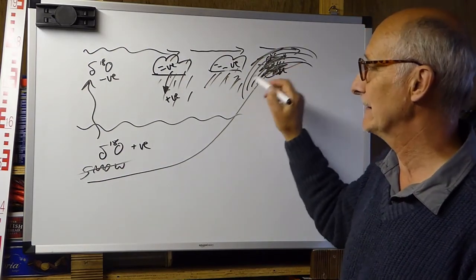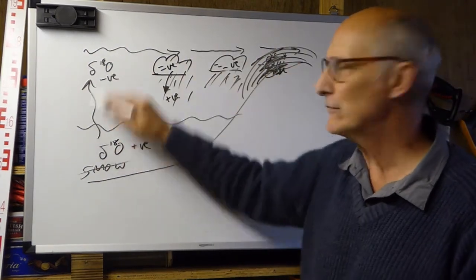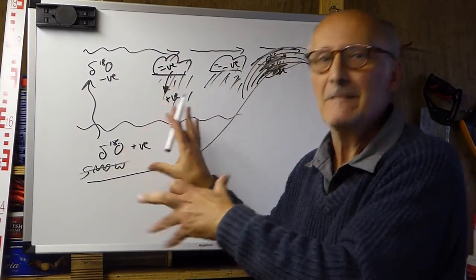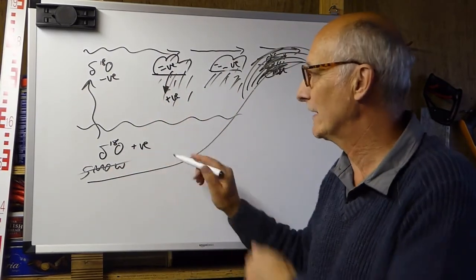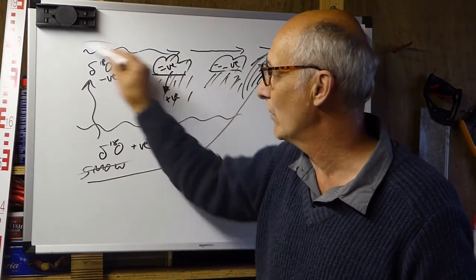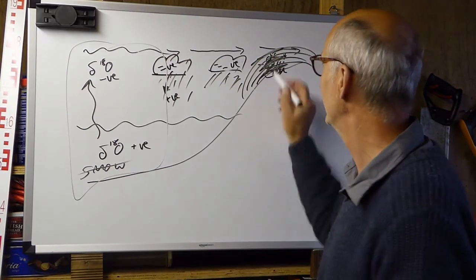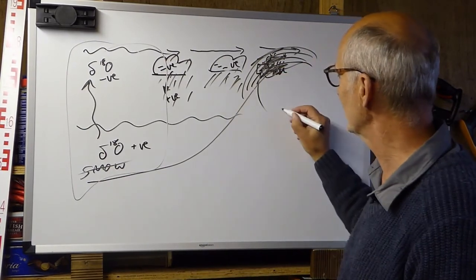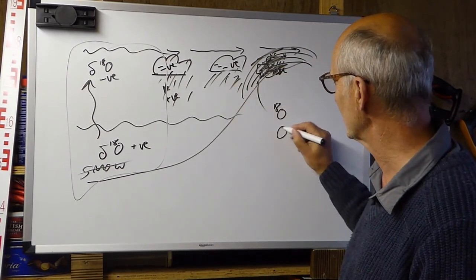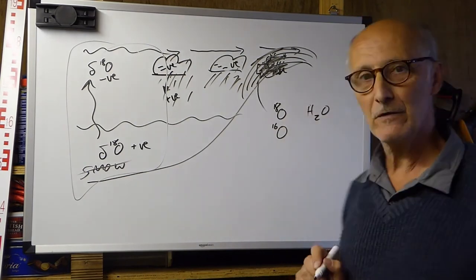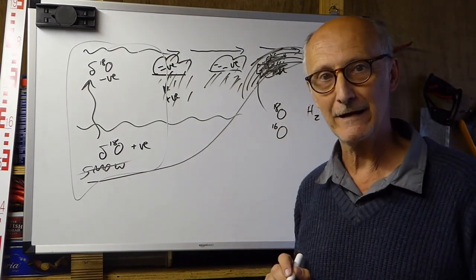So the glaciers are giving us a record of whatever is going on in here. I've simplified this horribly, but I'm just trying to make this point that there's a connection between what's happening here at the global hydrological cycle scale and here in terms of actual atoms in the H2O that's going to make up the ice in our glaciers and ice sheets.